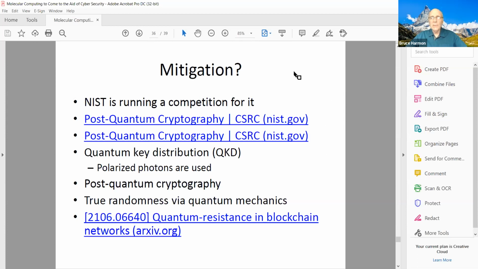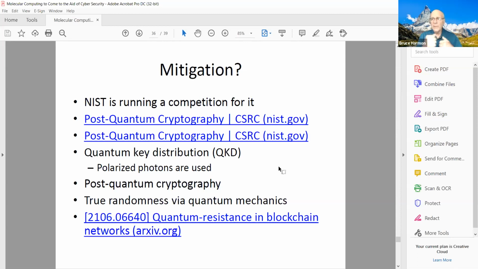So we refer to this as post-quantum cryptography, and the real randomness in it is in the quantum mechanics that would underlie these initiatives.